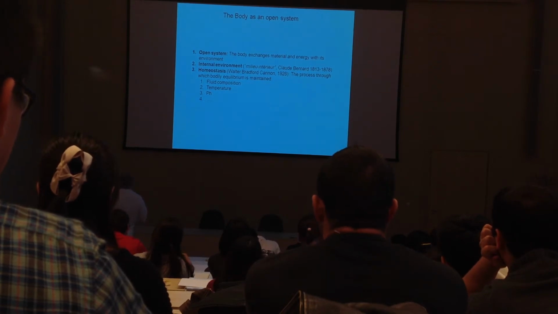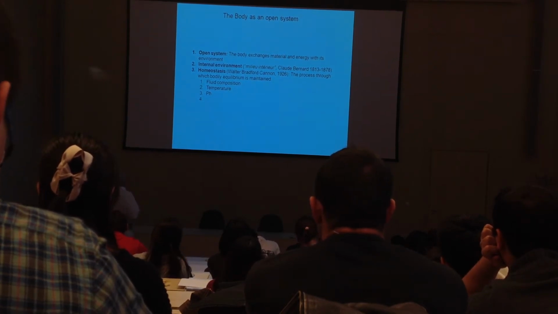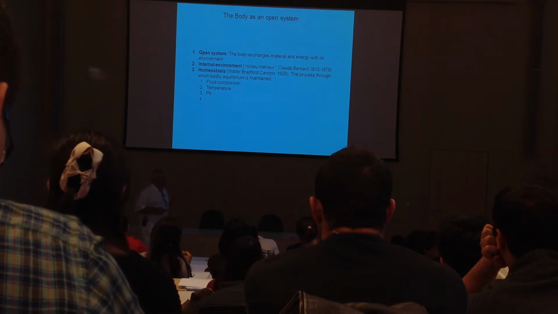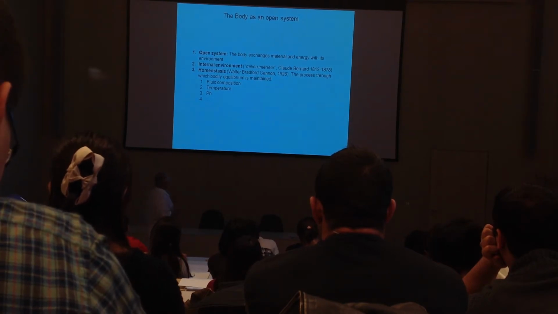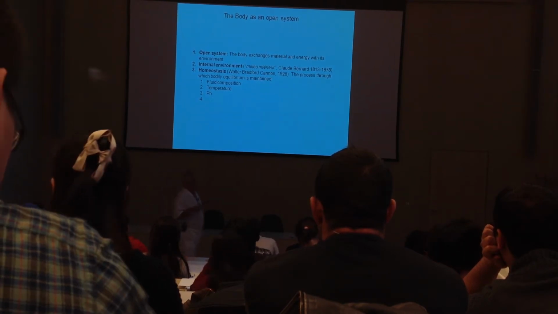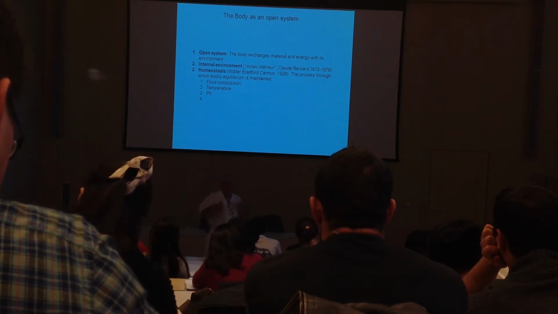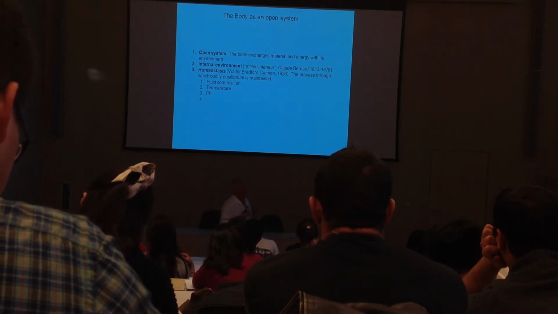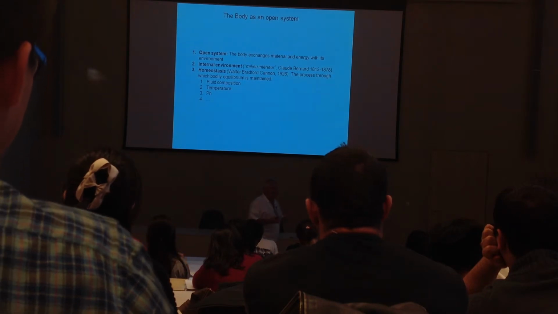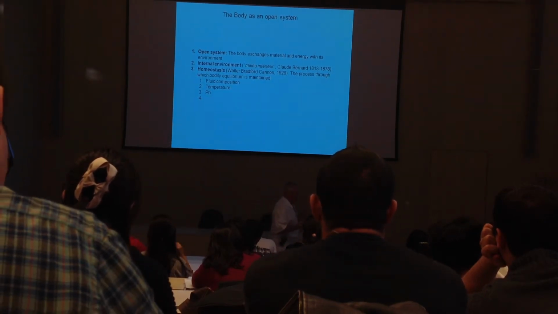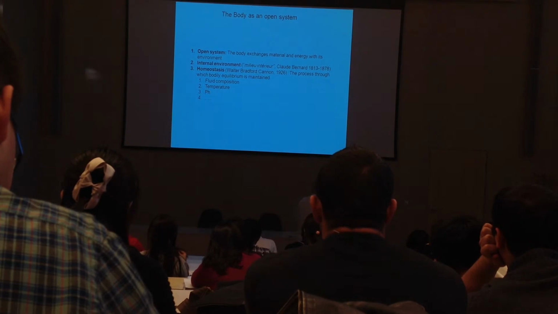The process of how this is achieved is called homeostasis. Homeostasis is the process by which the equilibrium of the body is maintained, without entering into the details of the processes like the kidney, GI tract, and so on. So this is what we call homeostasis.